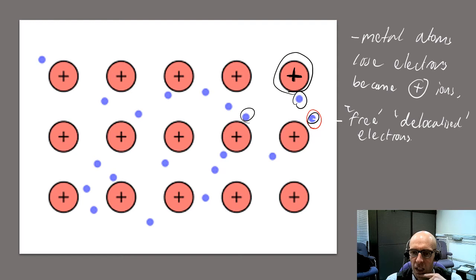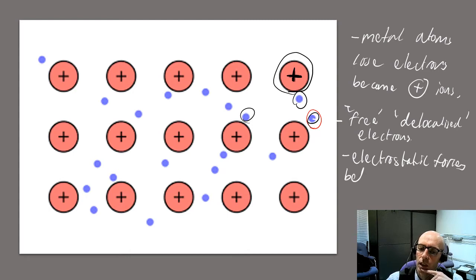Right. How does that make metals solids and strong? Electrostatic forces between the positive ions and the free sea of electrons.